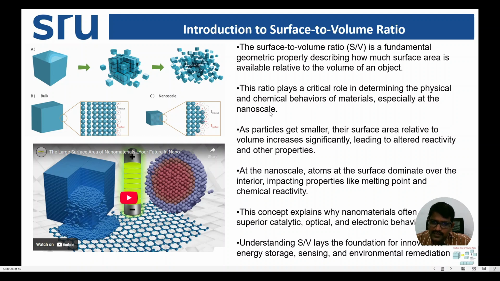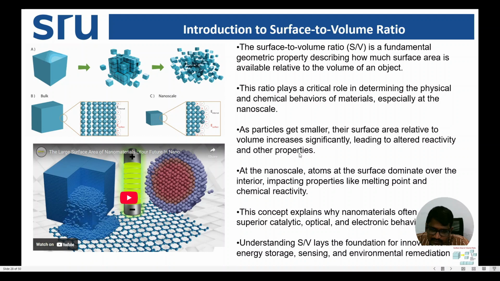The reason is that at the bulk stage fewer atoms participate in a reaction, while at nanoscale size more atoms are available to participate in a reaction. In the third point, as particles get smaller, their surface area relative to volume increases significantly, leading to altered reactivity and other properties.